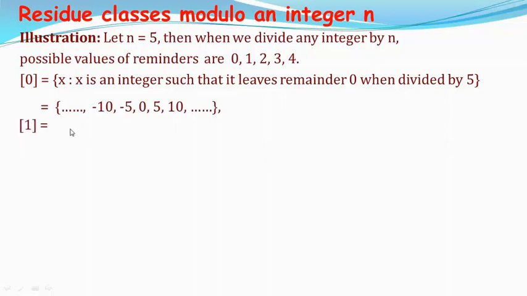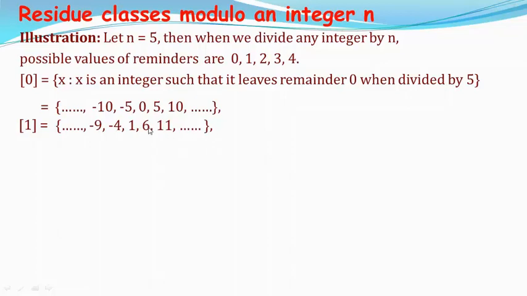Now next one, that is the residue class of 1. That is, when we divide the given integer by 5, the remainder must be equal to 1. So the residue class of 1 contains those integers which leave remainder 1 when we divide them by 5. So the residue class of 1 is the set containing integers minus 9, minus 4, 1, 6, 11 and so on.